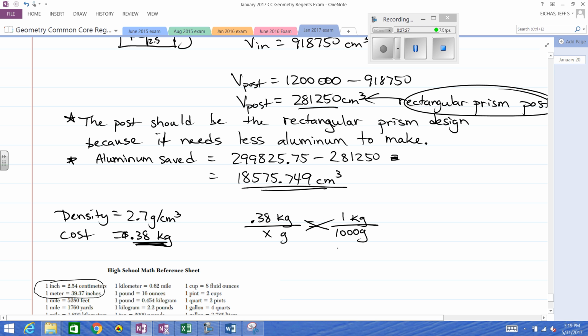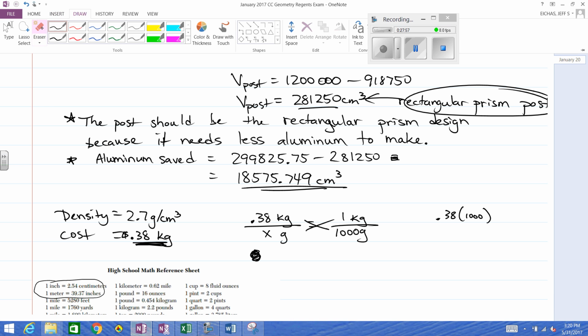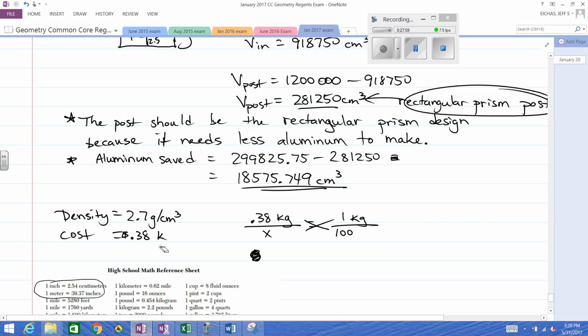Oops. Let's see. 1 kilogram is 1,000 grams. Something is not working out here. All right, sorry, let me back up a little bit. Let me do this again.